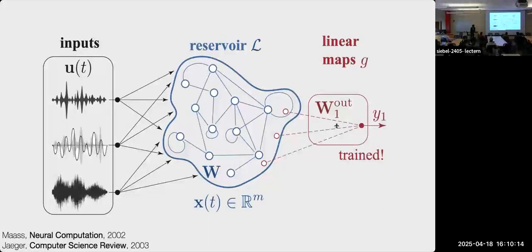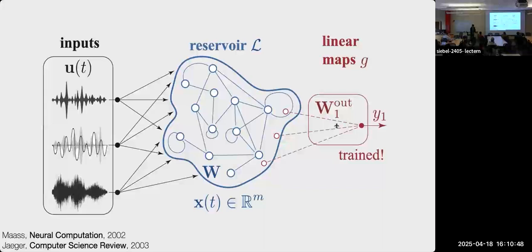So reservoir computing usually consists of 3 different components: input, reservoir, and output. Maass and Jaeger independently came up with this idea. The reservoir, the internal system, corresponds to the biological cultures that we have. It's usually some complex, nonlinear dynamical system. The input is typically some continuous signal, although there's nothing stopping us from using a discrete signal as well.